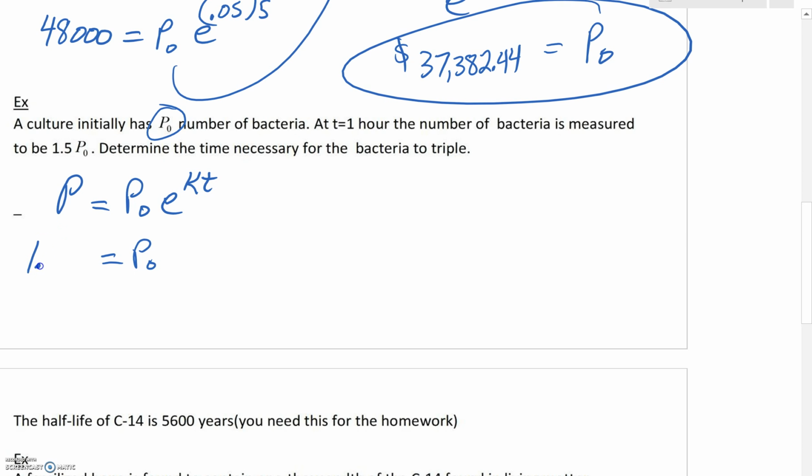But I do know that after 1 hour, t equals 1 hour. And time, of course, could be measured in different units; it's in the context of the question. The big question right here is, could we make this information help us? We want to find out how long it takes to triple.